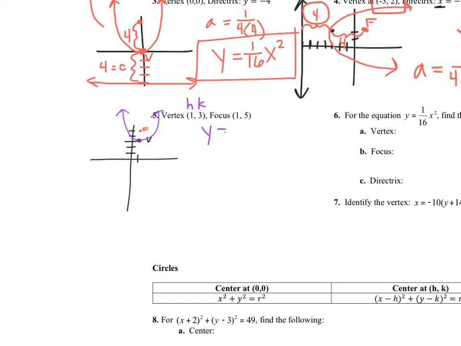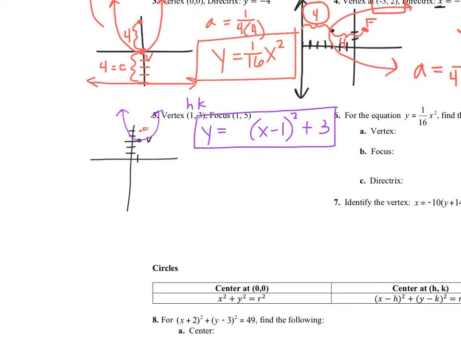So y equals, leave a blank for a, times (x minus your h value) squared, plus your k value, so plus 3. So this is going to be your answer once you plug a value in for a.